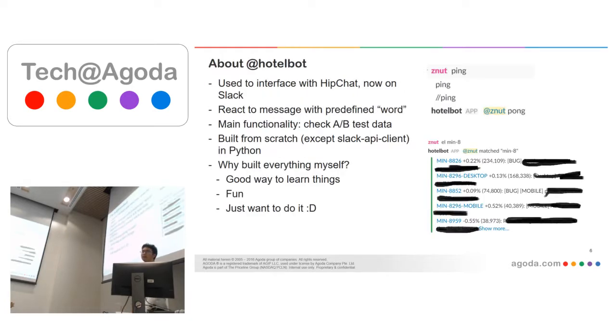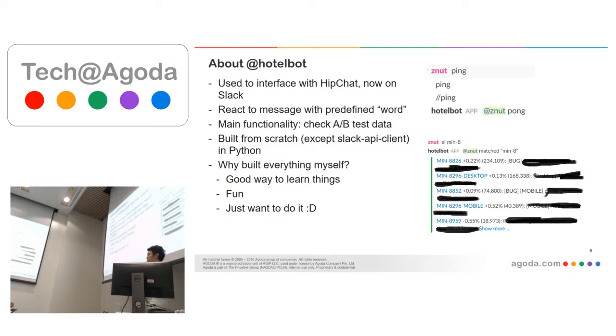But for me, I built it by myself. I call it HotelBot. This project started years ago. Right now in Agoda the communication tool we use is Slack, but we used HipChat before, and this one started with HipChat. It's a very easy bot.